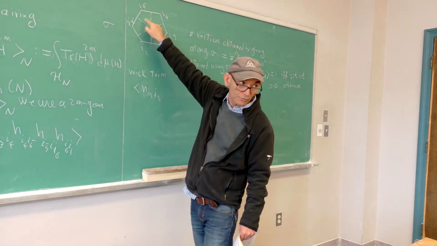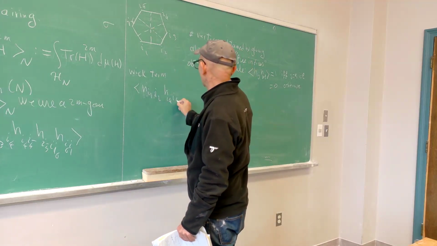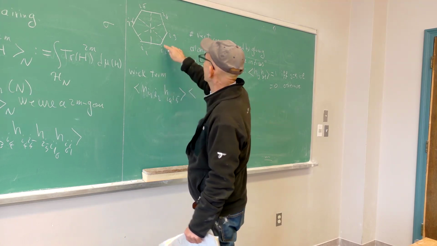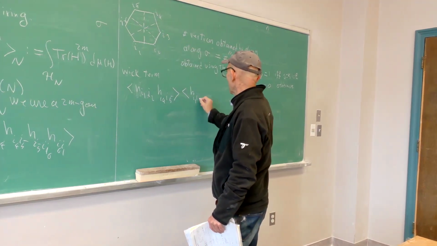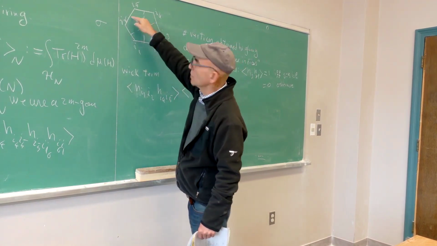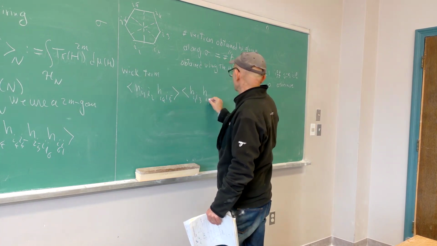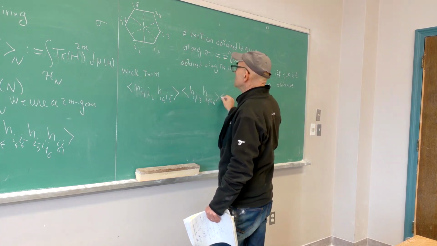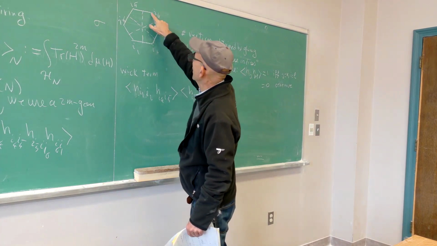According to this gluing, I have to glue H i4 i5, and then H i1 i3, H i5 i6, and then H i3 i4.